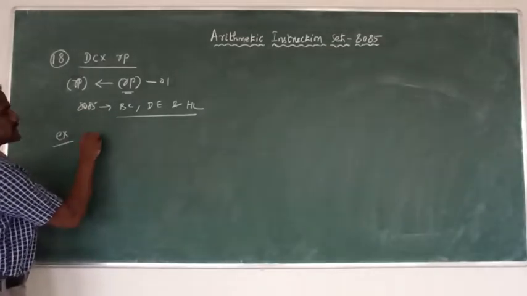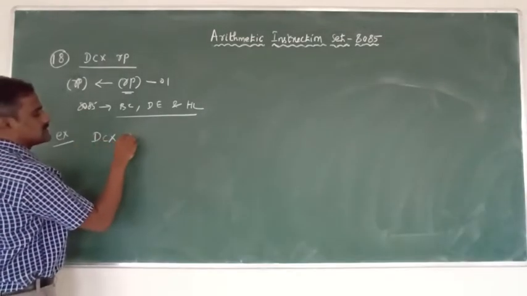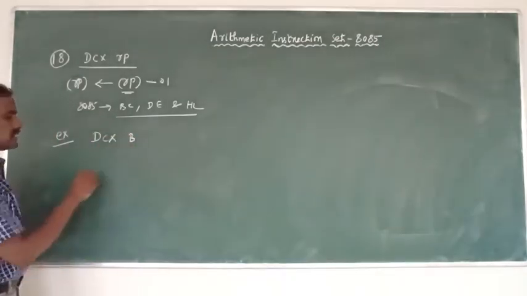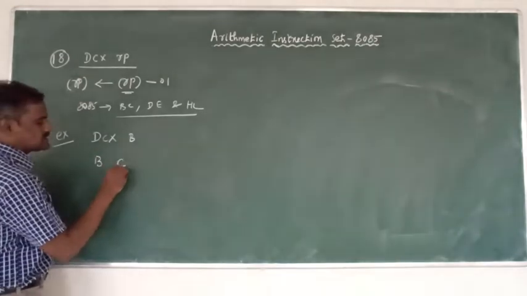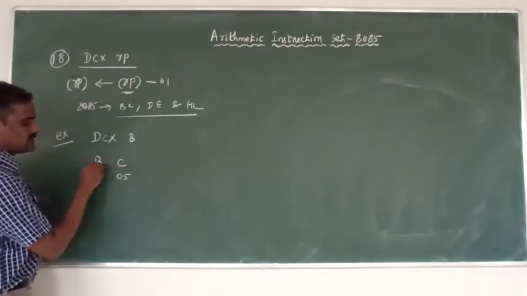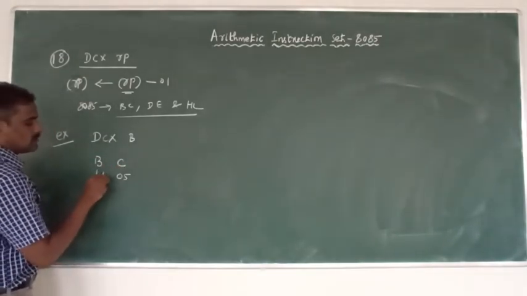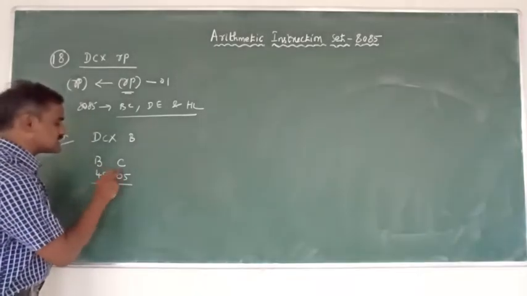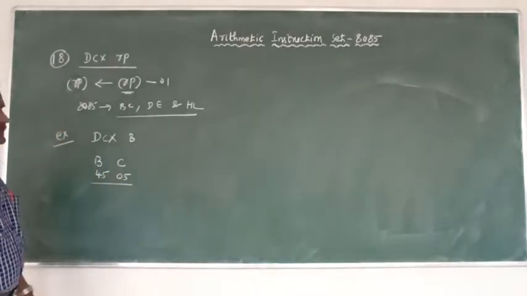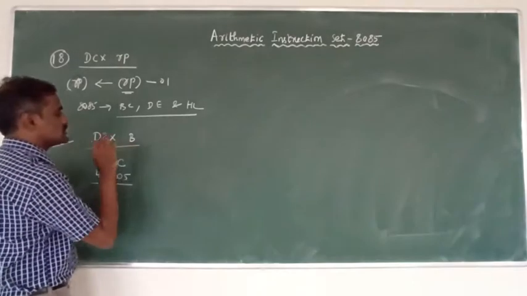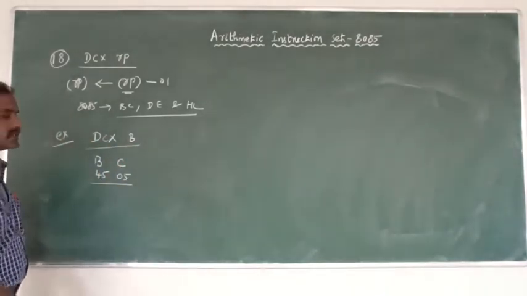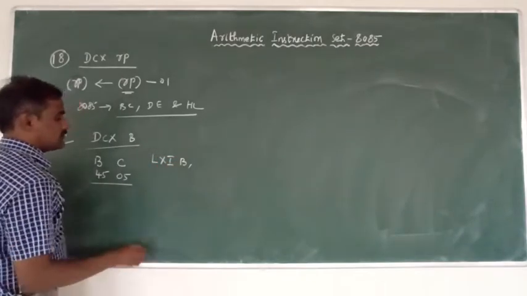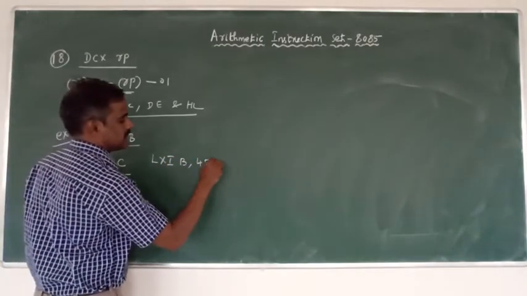Example, DCX B. Now registers B and C: to decrement the BC register pair content once, suppose for example LXI B, 4505H.